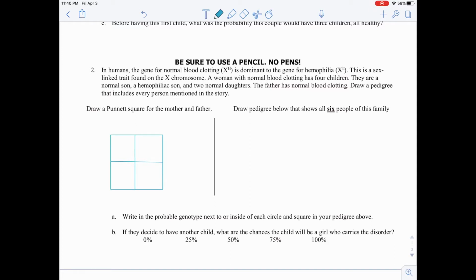Okay, in order to know the mother and father's specific genotypes, we have to do the pedigree first. So, the mom, and the dad has 4 children.